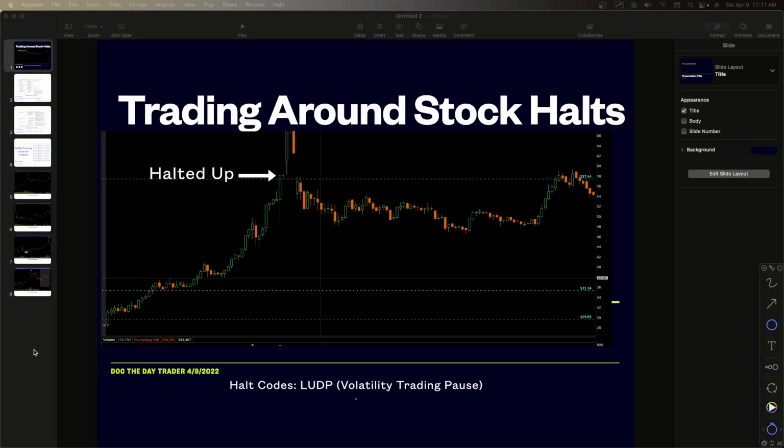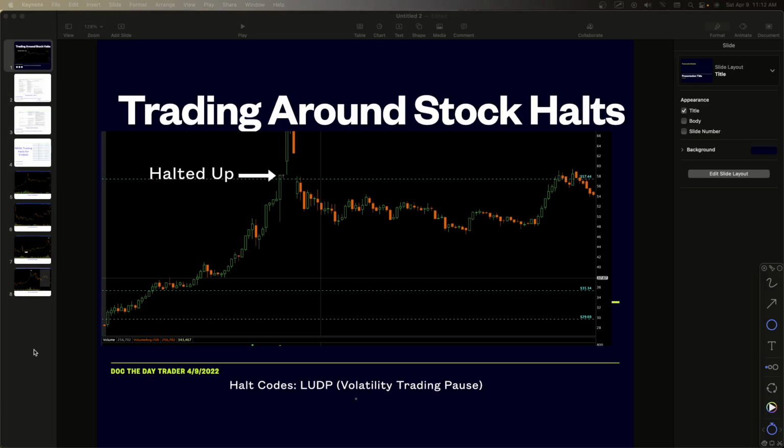Let's say a stock is running up on no news. You can't find any news. You don't know why it's running. It's a low float stock, and maybe you're thinking it's just getting pumped. There are times that the company will request what's called a T1 halt, which just means it's halted pending news, so that they can formally announce that there's no news to account for the increased price action in their stock.